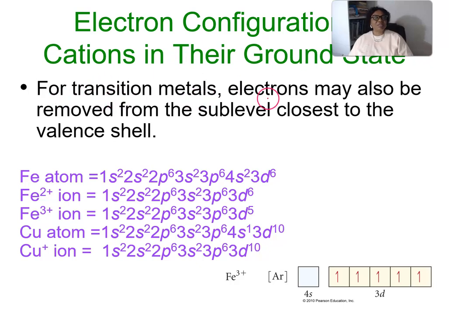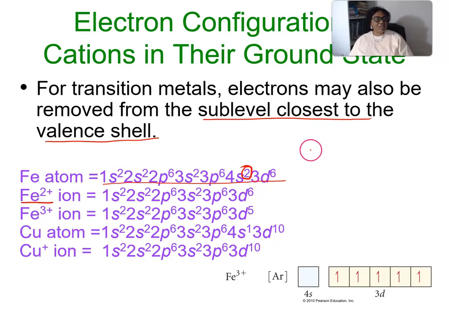For transition metals, electrons may also be removed from the sub-level closest to the valence electron shell. So for example, look at iron. It will remove this 4s electron. When it does that, it forms iron 2+. But it can remove 1 more electron in the d.